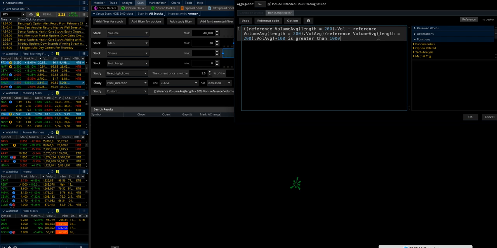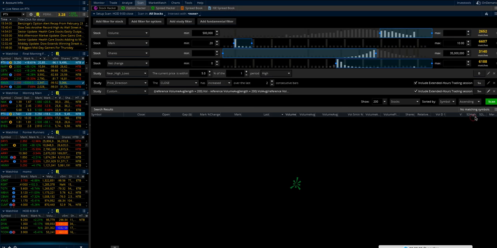If you change that to 1,000, whenever it runs this scan, it is not going to populate the search results with any stock that has less than 1,000 for the 5 minute volume traded over its 200 average. That makes sense. Okay, so I copy that right there.